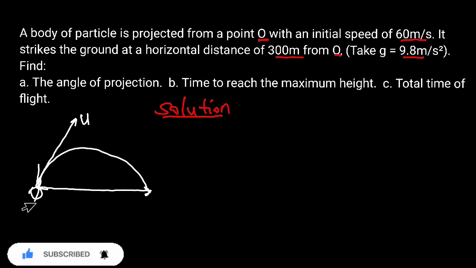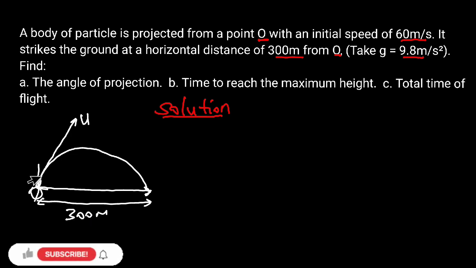In the question it is given as 300. It strikes the ground at a horizontal distance of 300 meters away from O. This is the angle of projection, which we are asked to find in A.